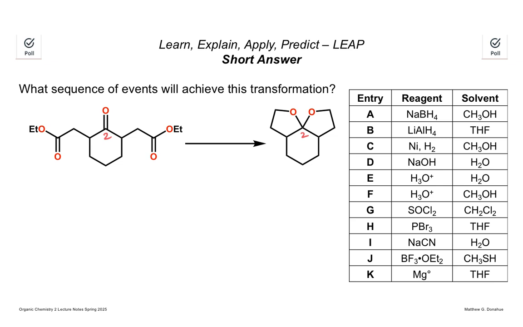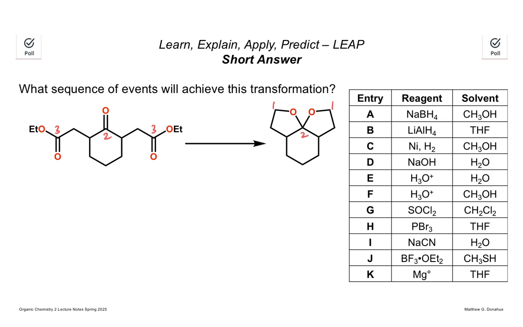These carbons of the esters were 3, and then they become 1 in the product. So the issue is we need to reduce the esters in the presence of the ketone, but the only thing that reduces an ester is lithium aluminum hydride, and that's strong enough to reduce the ketone at the same time. So we have this challenge.